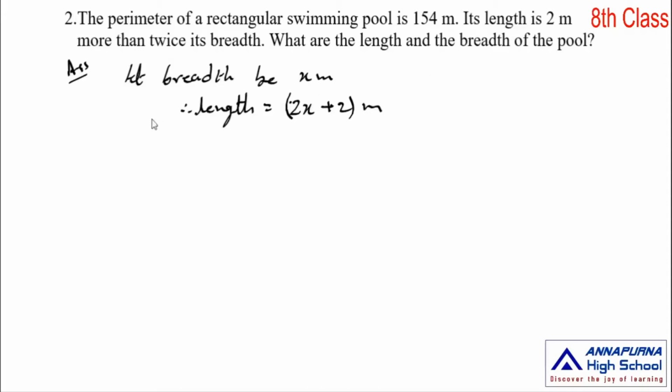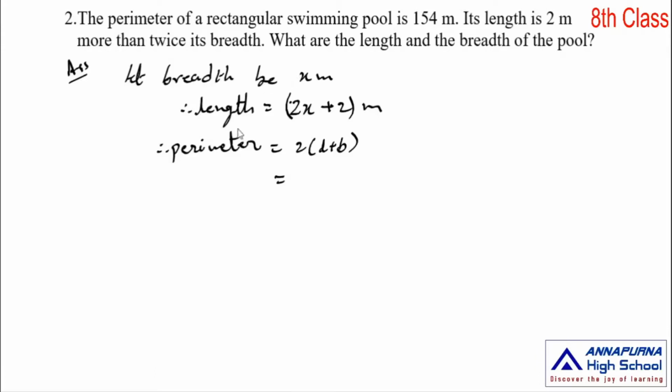So therefore, perimeter. Generally, what is the generalized formula to find the perimeter of a rectangle? That is 2 into (L plus B). This is the generalized formula. Now find the perimeter of the rectangular swimming pool.